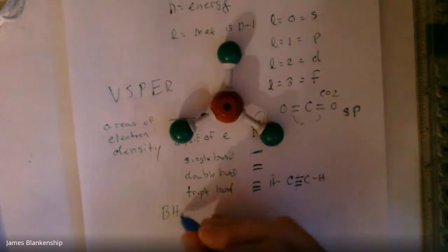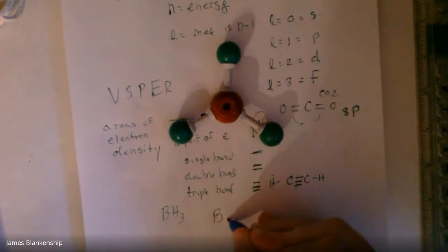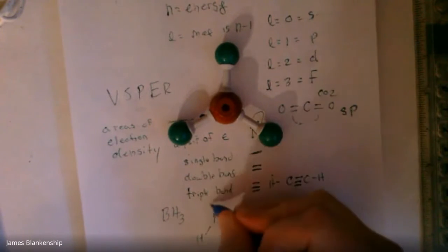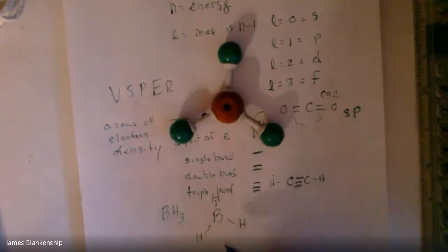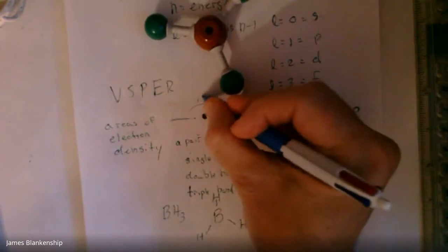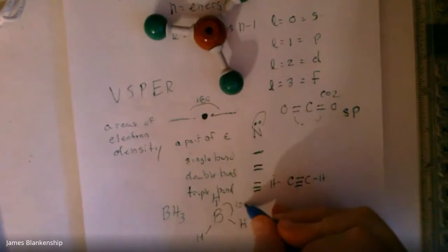And so if we were to draw this as a Lewis dot structure, we'd have boron, and hydrogen here, hydrogen here, hydrogen here. When there's two, you're giving them a maximum space of 180 degrees. But when there's three, you're giving a maximum space of 120 degrees.